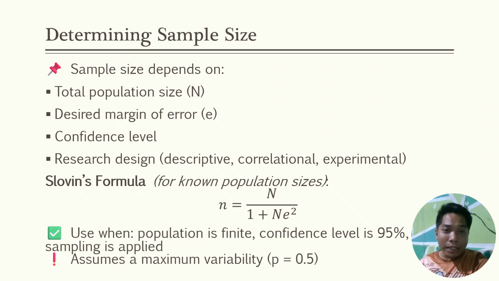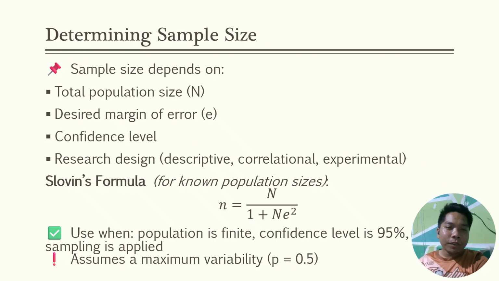For quantitative studies, the most common is Slovin's formula, which offers a quick way to calculate sample size, especially when you're dealing with finite numbers or large numbers that are countable but too many to be your participants.